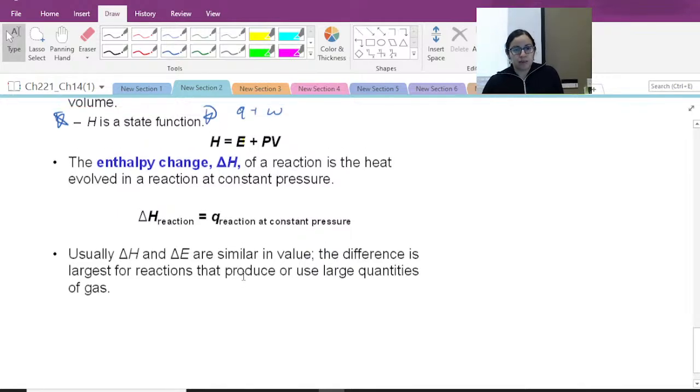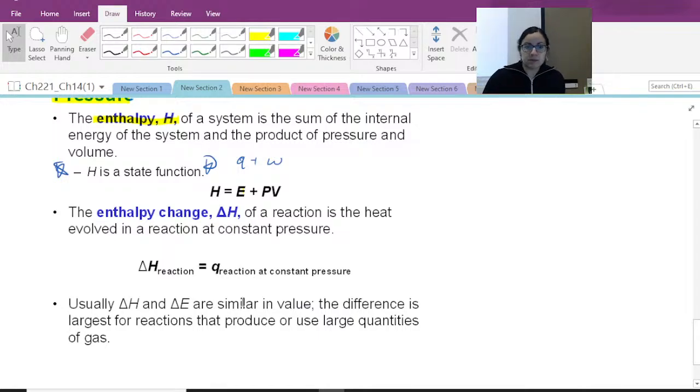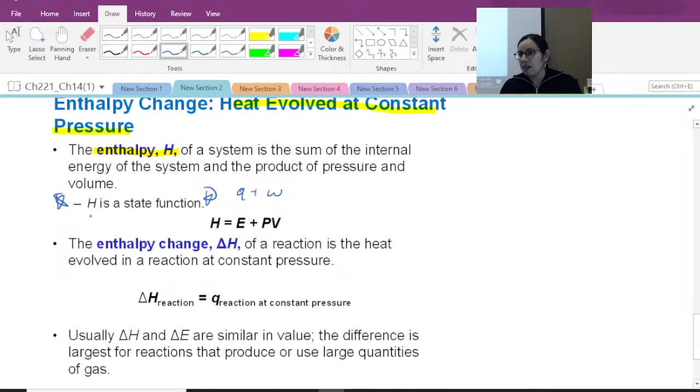Can you explain what a state function is? Like, what it's defined as? So a state function just means that it's not path dependent.